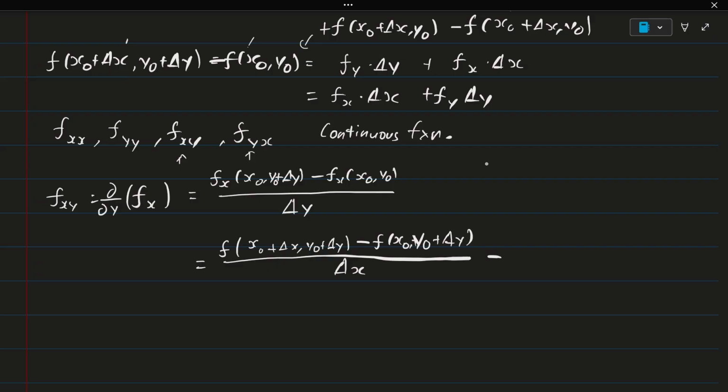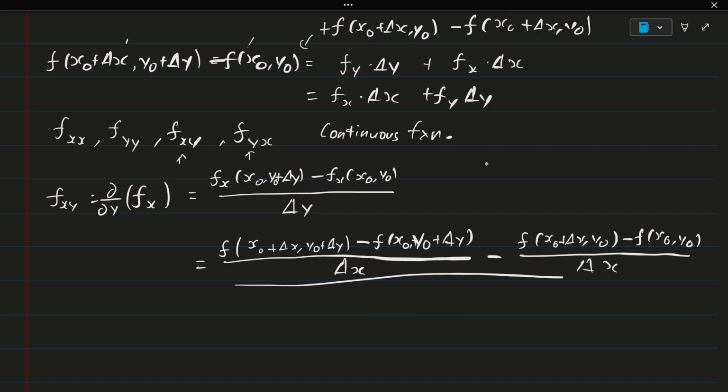And then you subtract this by the function of the same thing again, x0 plus delta x, y0, minus f of x0, y0. Divide that by delta x. Everything divided by delta y.